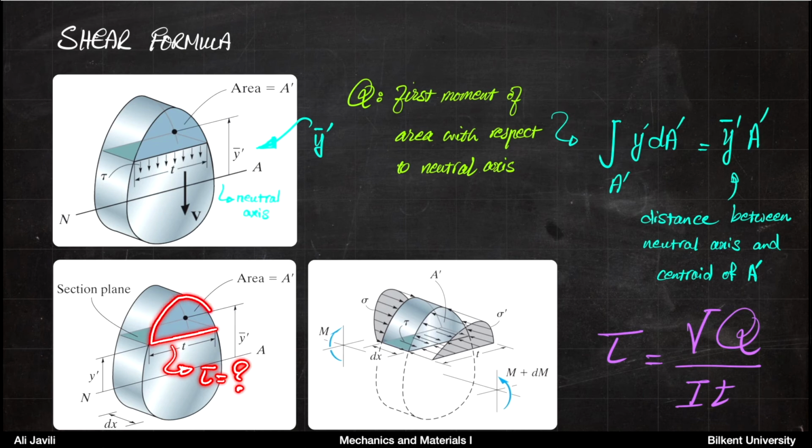You would be looking at the Q of this area, whatever is above that line. So you need to pay attention that you integrate over the area that starts from the distance from the section where you are interested in, all the way towards the upper end of the beam.